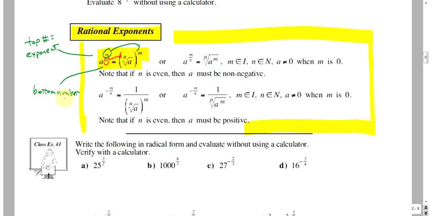Bottom number becomes the index or the root part, because if you don't remember that term index, then that's not going to help you. If you don't remember root, then hopefully you'll remember radical part. That's it. Should be easy marks if all you do is remember that.